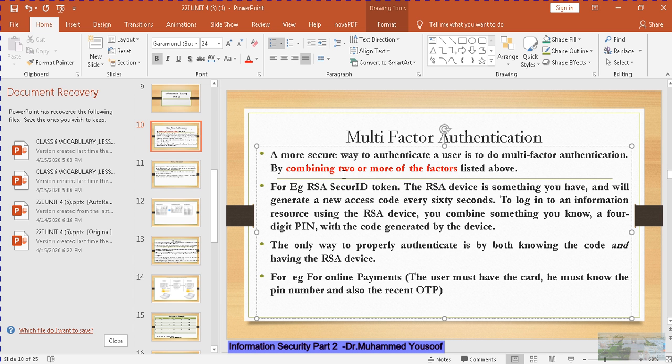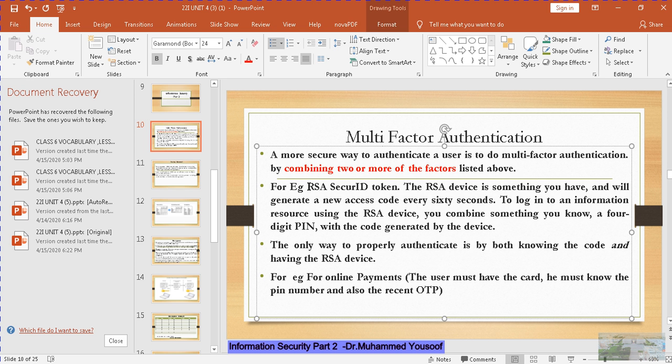If you combine more than one factor, for example biometric finger scanning and a password, or biometric and a smart card, any combination it can be. If you have more than one step to authenticate the user, then it is called multi-factor authentication.